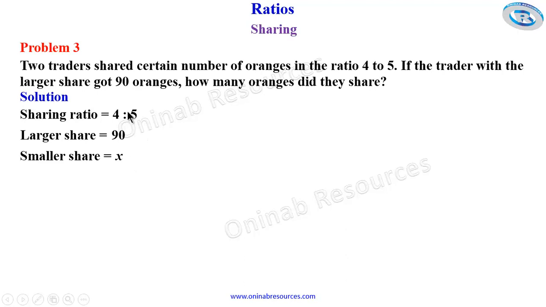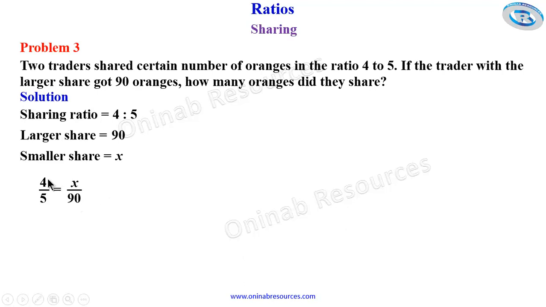We can then connect this sharing ratio and the two shares to get the value of the second share. Remember, this ratio 4:5 can be written as a fraction, which is 4/5. Then this is going to be equal to the smaller share X and the larger share 90, so X/90.